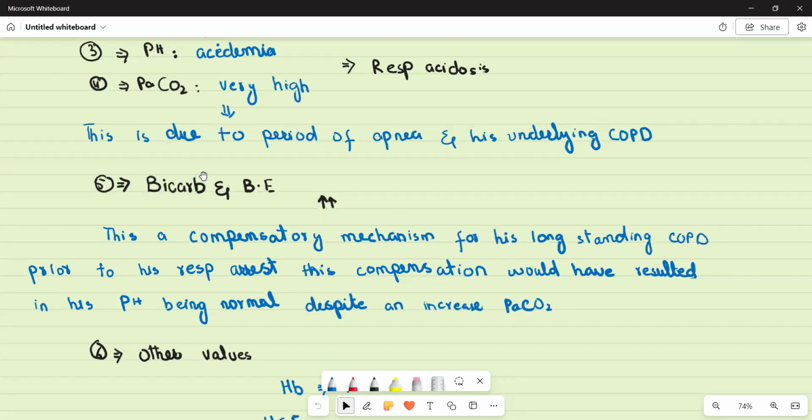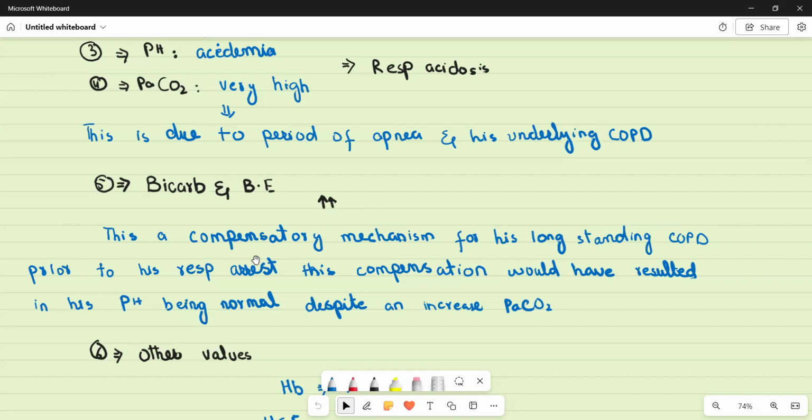But now, on top of chronic retention of carbon dioxide, there was a respiratory arrest as well. The patient was not breathing for a few minutes, which has resulted in even more carbon dioxide retention in the blood. So the compensation has failed now because kidneys cannot produce bicarb that quickly. Kidneys are relatively slow to make bicarb.